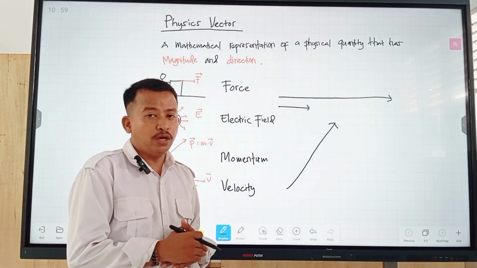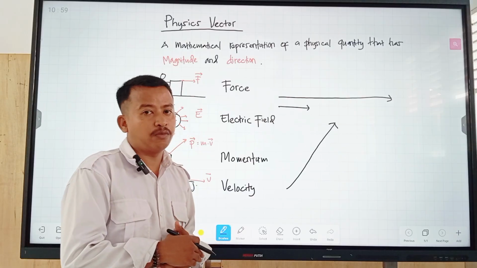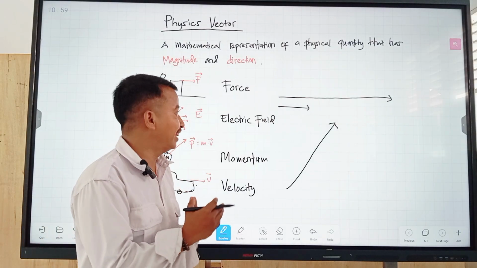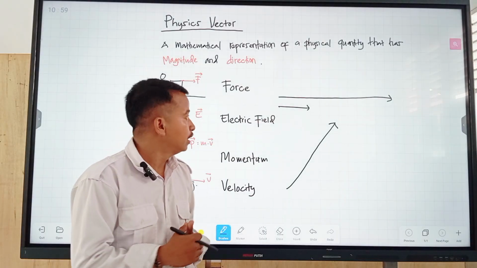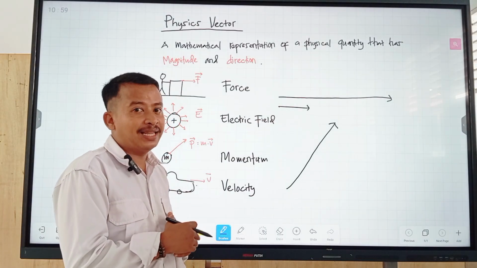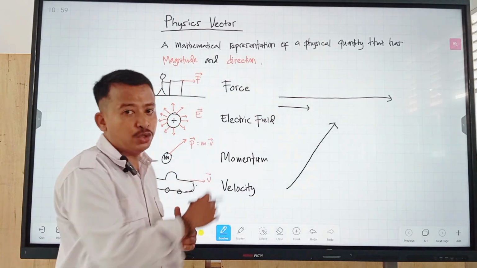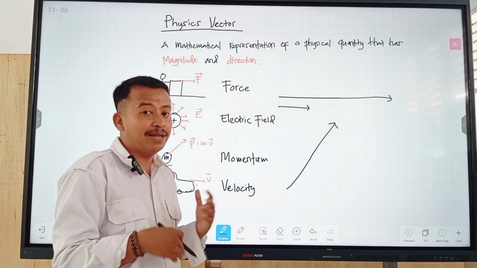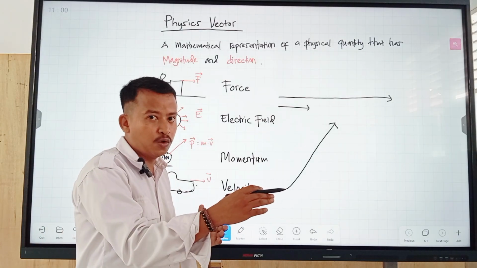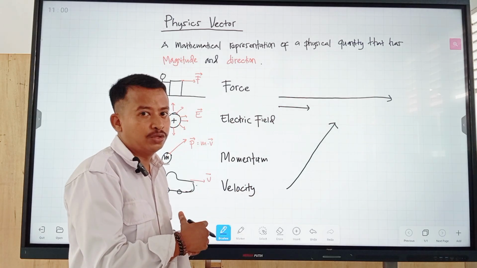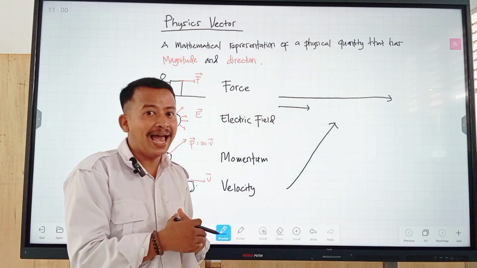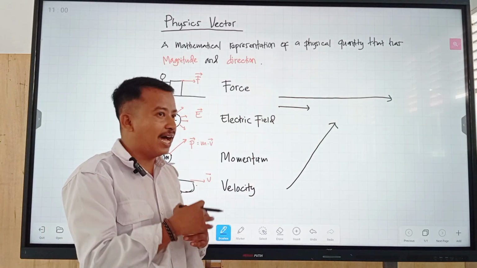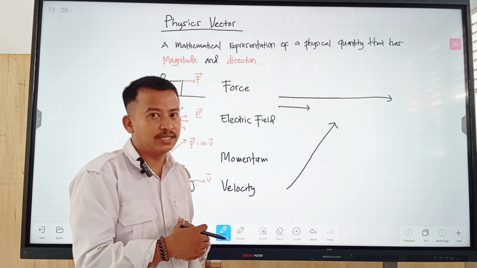I mentioned another word, scalar. So let's compare between vector and scalar. Vector is something that has both magnitude and direction. For example, velocity. Velocity can be fast or slow, so that's the magnitude. But velocity has a direction too. So that makes velocity a vector quantity.